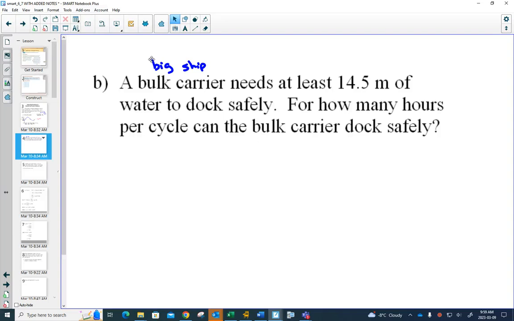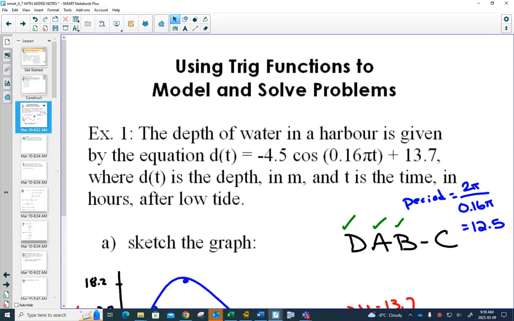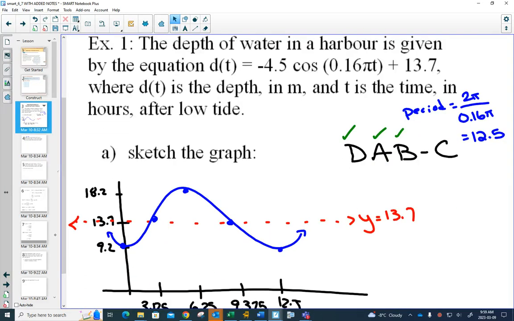So if we go back to our graph and label 14.5 and draw a dotted line at 14.5, can you see that it's only going to be deep enough in this yellow section? We're going to see if we can find a way to solve for these 2 points.